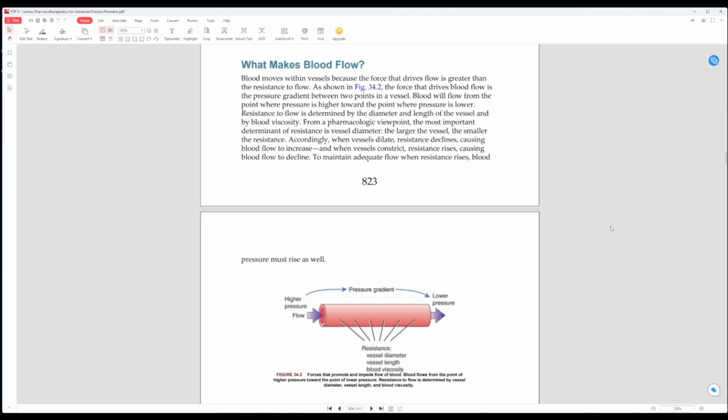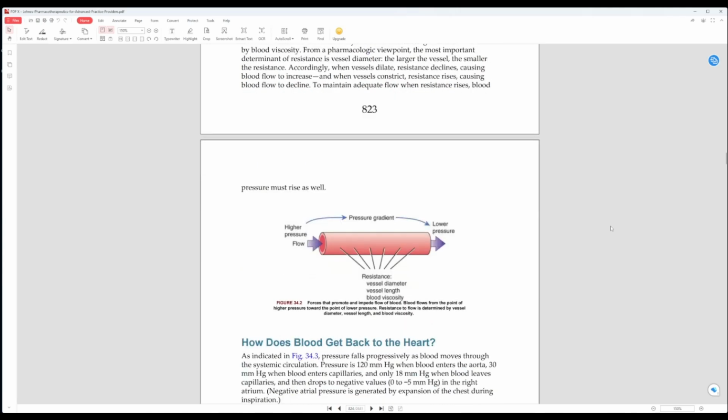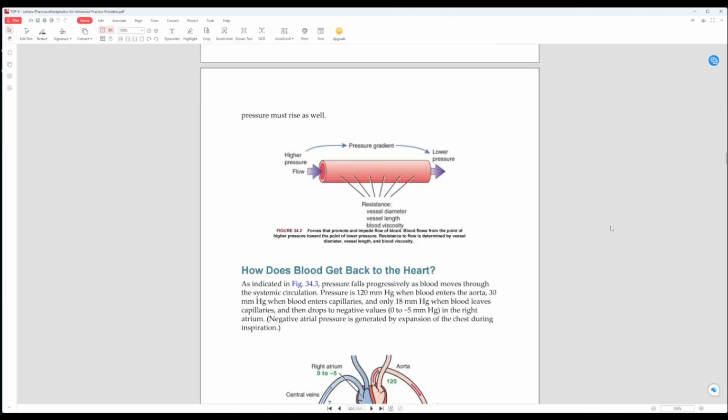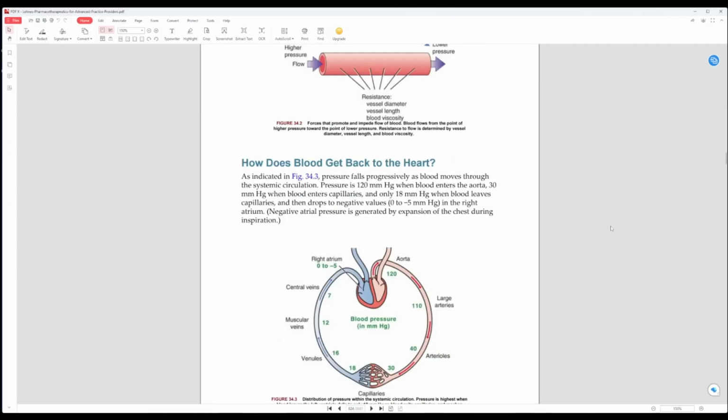From a pharmacologic viewpoint, the most important determinant of resistance is vessel diameter. The larger the vessel, the smaller the resistance. Accordingly, when vessels dilate, resistance declines, causing blood flow to increase. When vessels constrict, resistance rises, causing blood flow to decline. To maintain adequate flow when resistance rises, blood pressure must rise as well. So you see that here in this bottom picture.